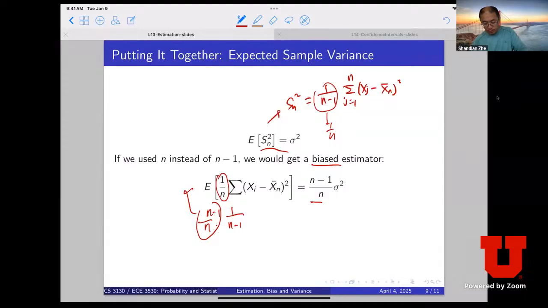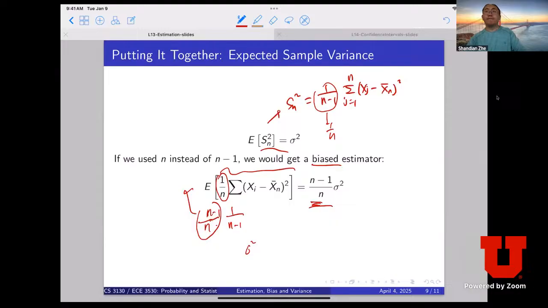Remember, if you multiply these two fractions together, it will end up with 1 over n. Now inside the expectation, if you replace 1 over n by 1 over n minus 1, it will give you sigma squared. Then you multiply the factor outside, which is n minus 1 over n times sigma squared. It's a simple trick.